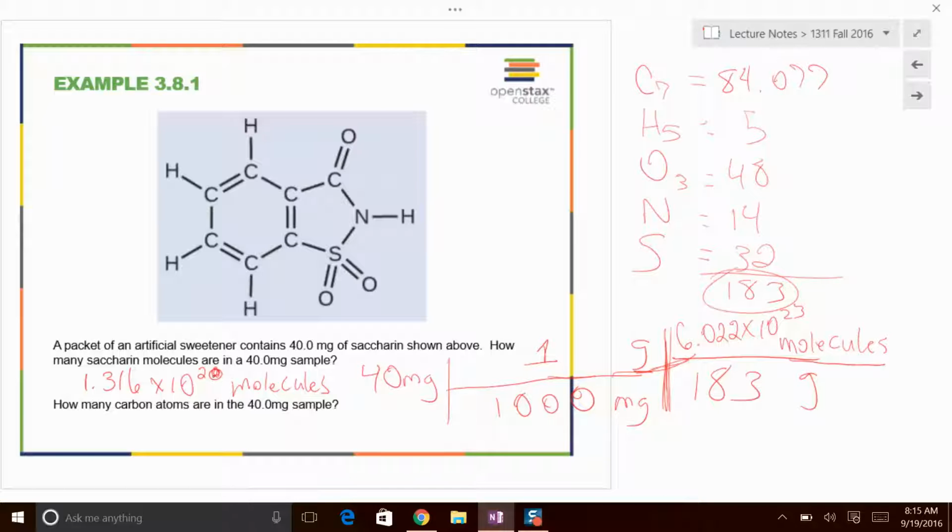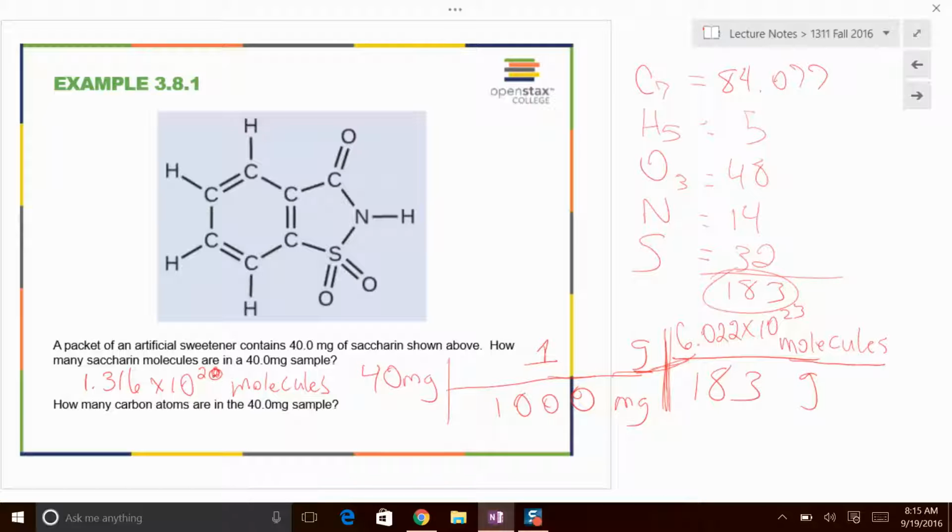Does anybody see a relationship or a conversion that would help me determine the number of carbon atoms here? The mass? Yeah, the mass. We're not going to do it by mass. I guess there is a way we could do it, but it's not going to help. We'd have to start kind of over.